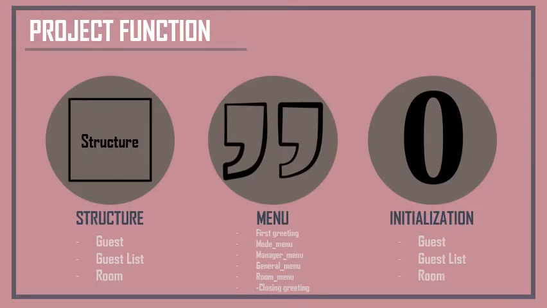Now, let me give you a detailed description of the structures and the functions used in the program. First of all, the structures used in the project were a guest node structure containing the guest information, a list structure that stores the guest list, and the room structure that contains the hotel room's information and the guest information using the room.